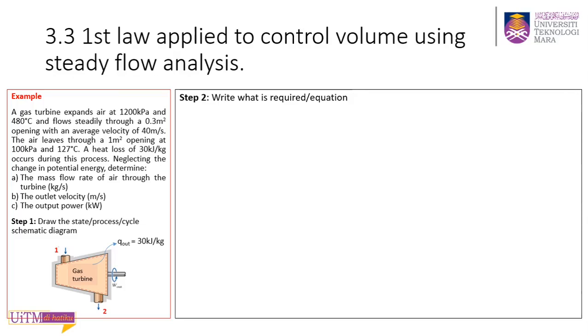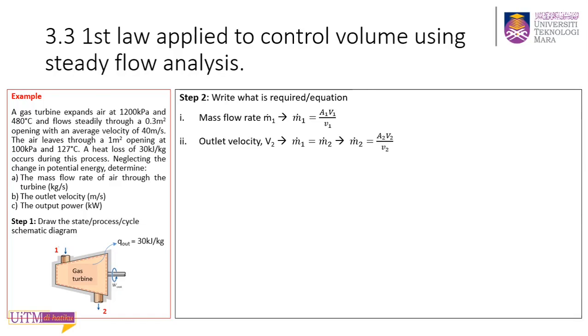For step 2, to determine the mass flow rate, we will use the mass flow rate equation. To determine the exit velocity, since the mass flow rate for state 1 and state 2 is the same, we can also use the mass flow rate equation at state 2 to find for exit velocity V2.